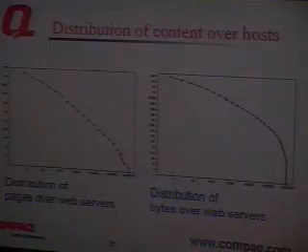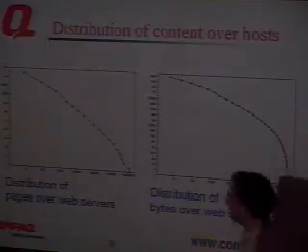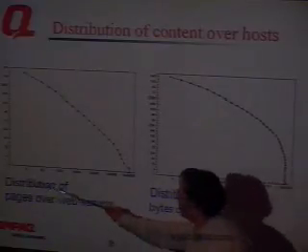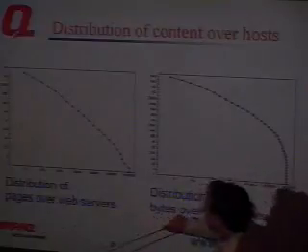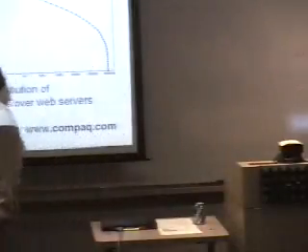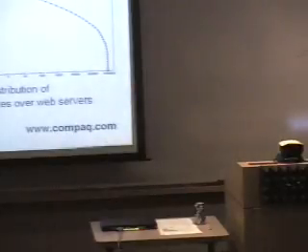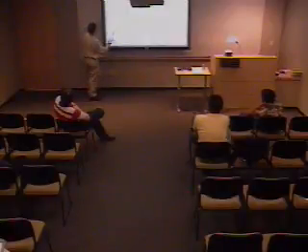Distribution of contents over hosts. This graph shows you the number of pages on a web server. So this means that there are 8 web servers which have 2 million or more documents, and there's a total of maybe 20 web servers which have more than 1 million documents, and so on.